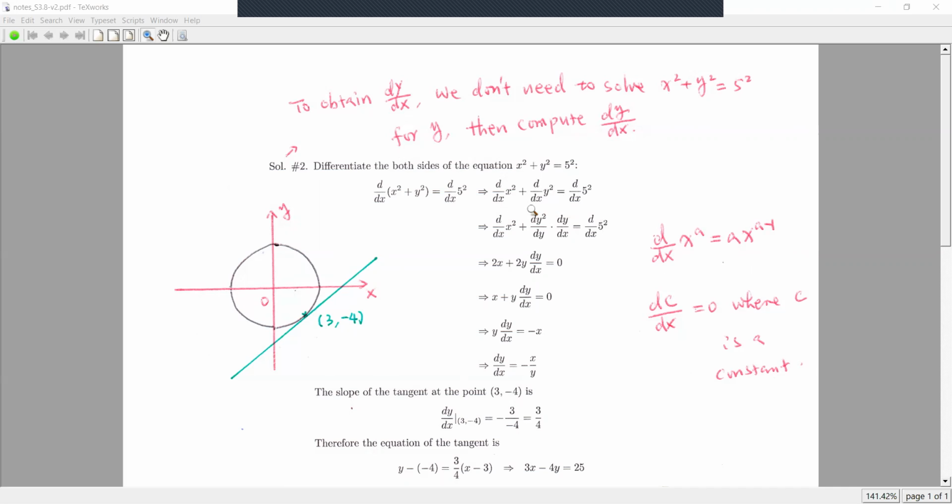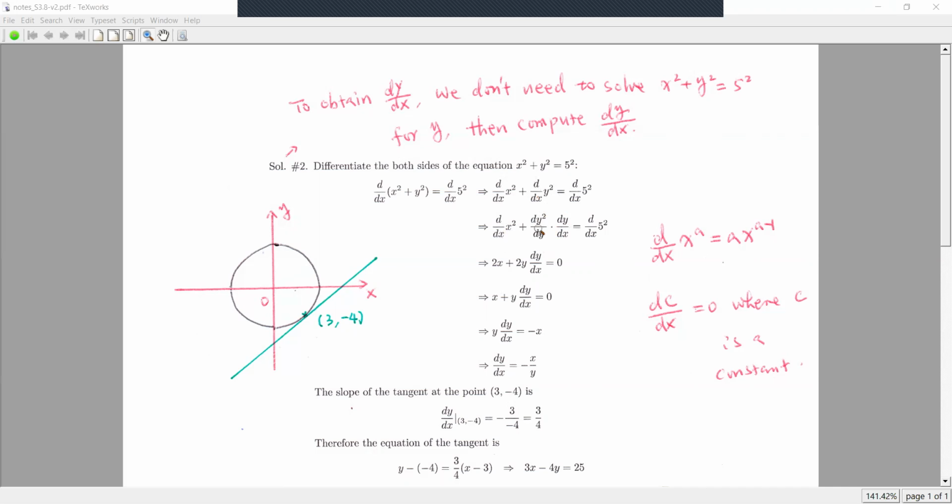Before we can compute this derivative, we need to write it as a product of this derivative and this derivative. This step is the chain rule. We can cancel dy, and go back here. Now, the derivative of x squared with respect to x, by this formula, is 2x.